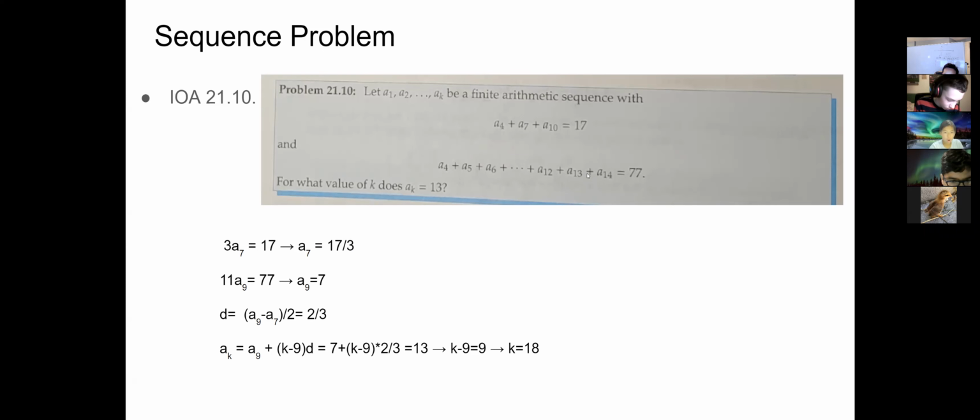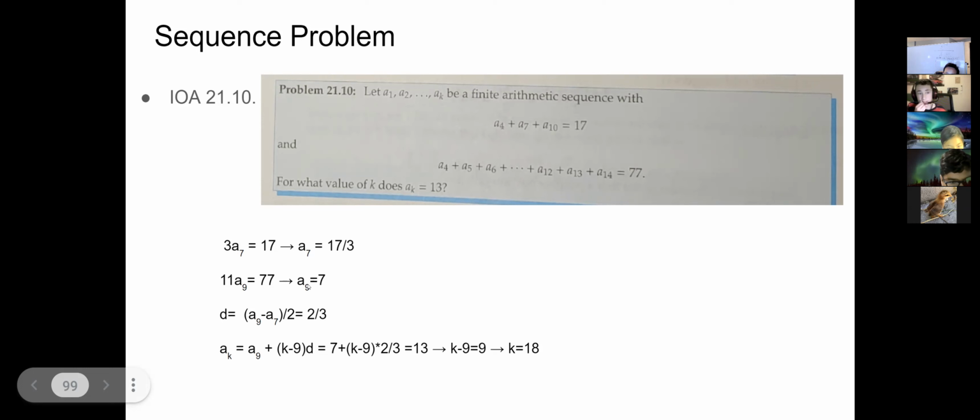Very similarly, if you look at this one, this has 11 terms, so it's odd. The middle term happens to be 9: 4, 5, 6, 7, 8, and then 10, 11, 12, 13, 14. So A9 is the middle term, and we have 11 terms total. So 11A9 equals 77, so now we have A9 equals 7.